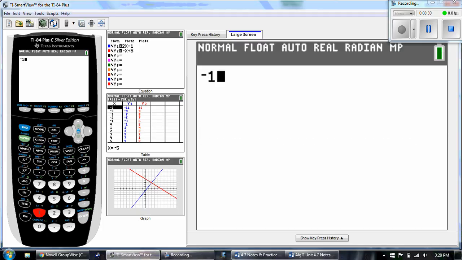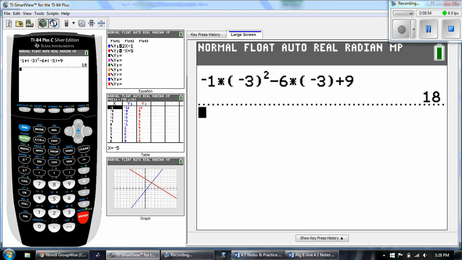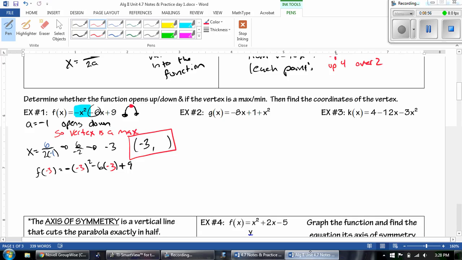I've got that -1 out front, I'm timesing that by -3 squared, minus 6 times -3, plus 9. And then we're going to get a positive 18. So when I plug in -3, my answer is a positive 18. So then we get the point (-3, 18).